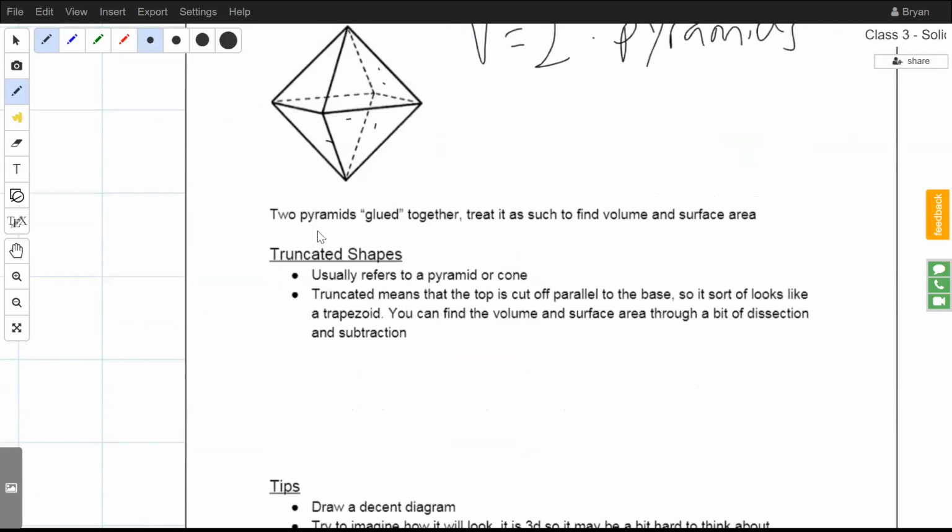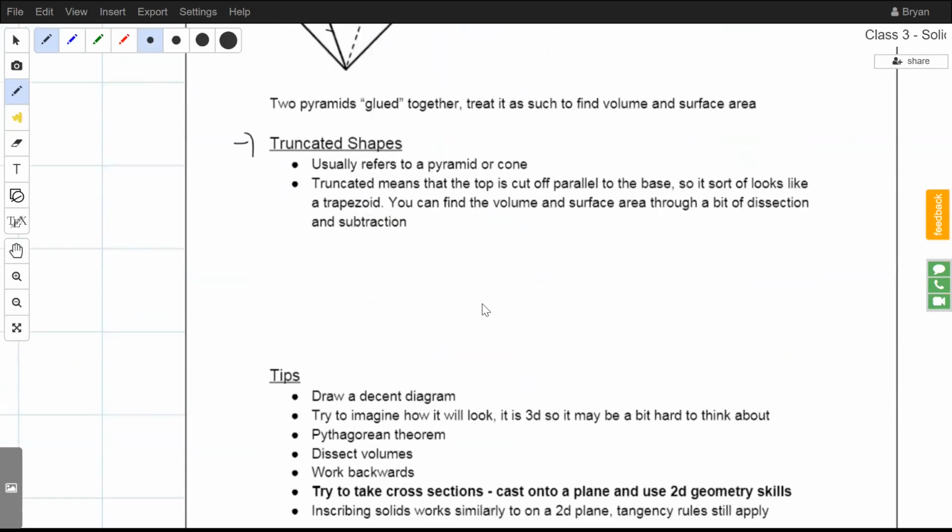Next thing I want to talk about is truncated shapes. Basically, truncated usually refers to a pyramid or a cone, and it's literally just you cut off the top of the shape, so you sort of have like a 3D trapezoid of some kind.